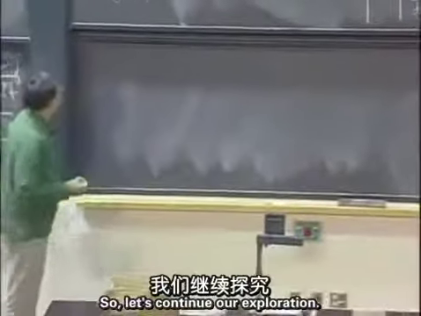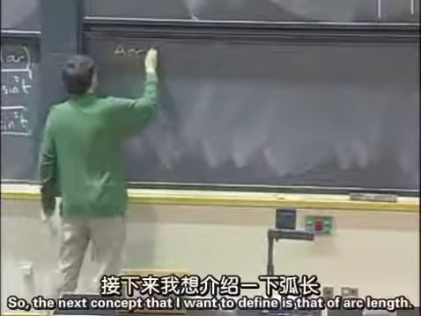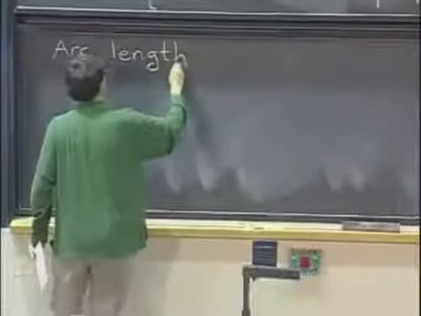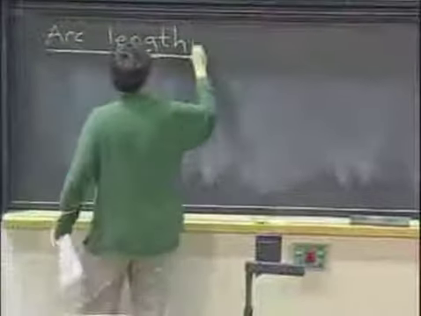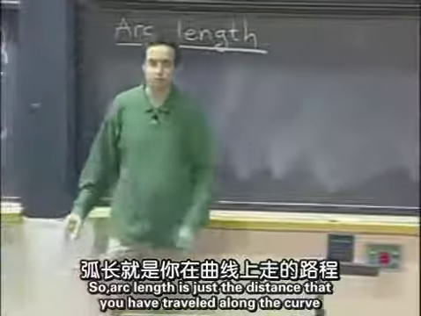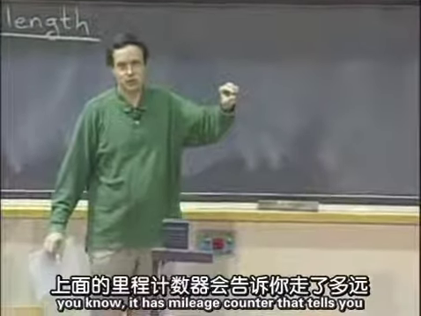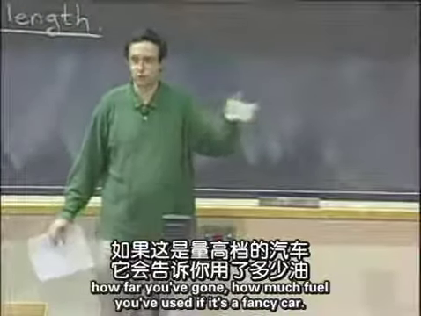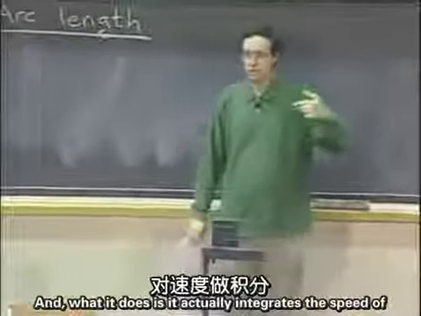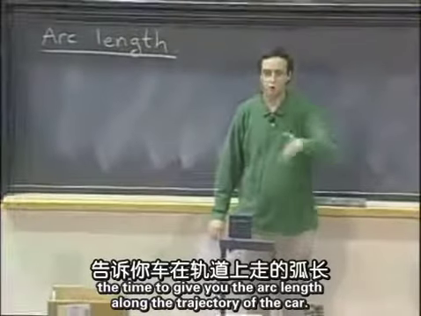So let's continue our exploration. The next concept that I want to define is that of arc length. So arc length is just the distance that you have traveled along the curve. Okay? So if you're in a car, it has this mileage counter that tells you how far you've gone, how much fuel you've used if it's a fancy car. And what it does is it integrates the speed over time to give you the arc length along the trajectory of the car.